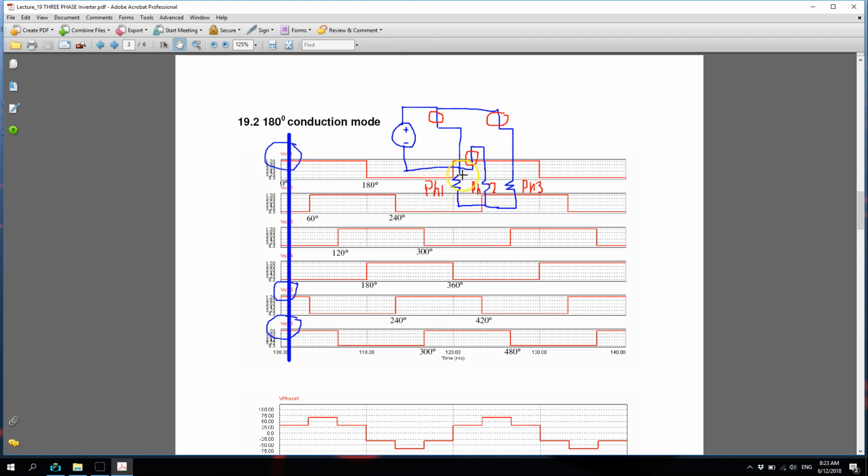From there you have a plus-minus voltage, and you have another phase, a plus-minus voltage across the second phase. We have plus-minus voltage across phase 3.